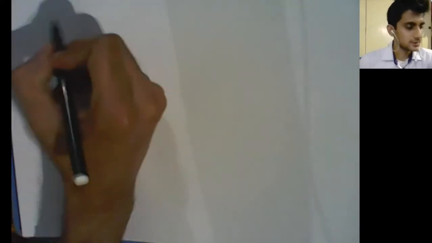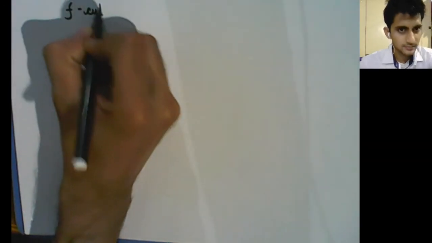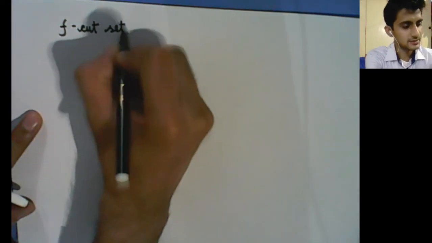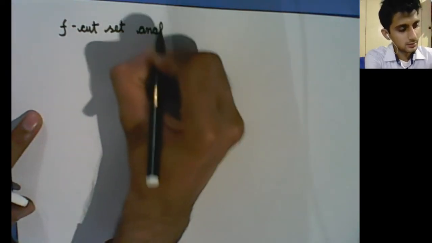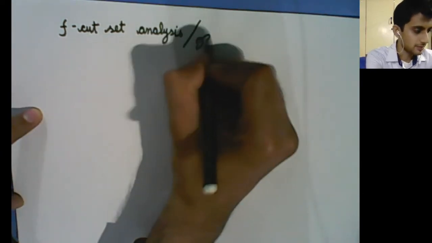Okay, so now is the turn to discuss what is called F cut set analysis. We call that F cut set analysis, or sometimes you also call it branch formulation.